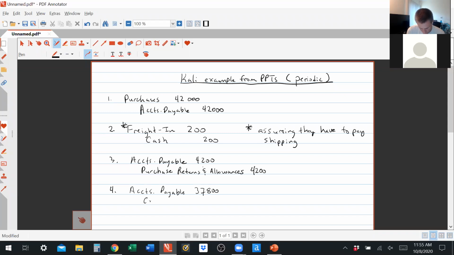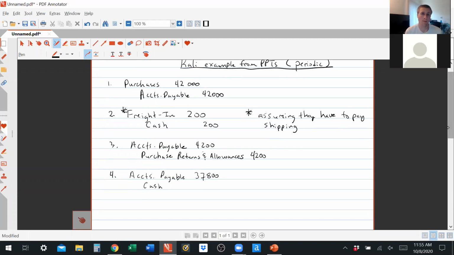We're definitely going to credit cash. Since we paid within the discount period, we only paid 98% of that, right? We get a 2% discount. So 98% of $37,800 is $37,044. And the 2% discount, under the perpetual system, we would credit inventory. Under the periodic system, we credit purchase discounts for the $756, 2% of $37,800.